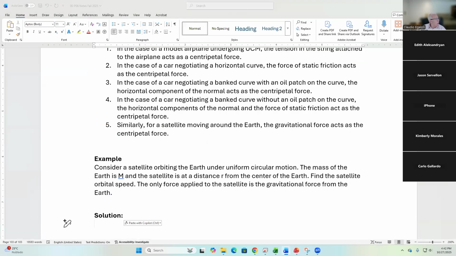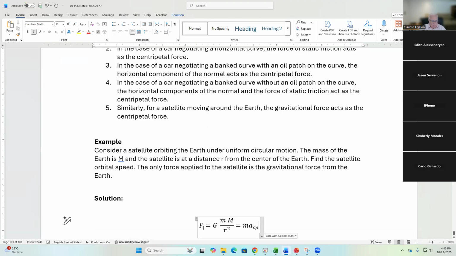So here you go. The centripetal force is equal to mass times centripetal acceleration. But we also know that the centripetal acceleration is v squared over r.